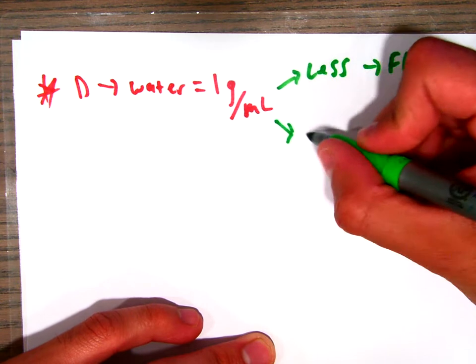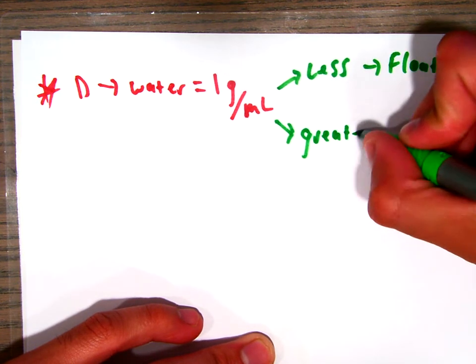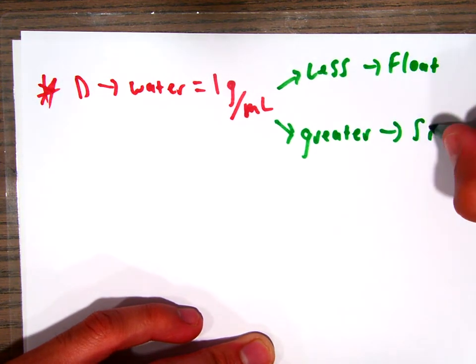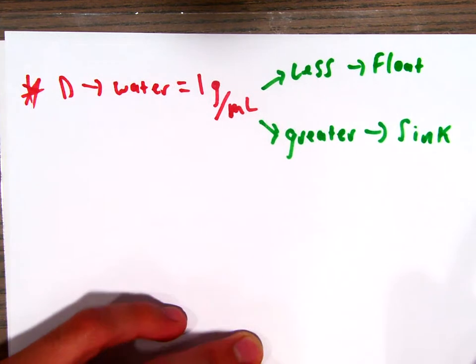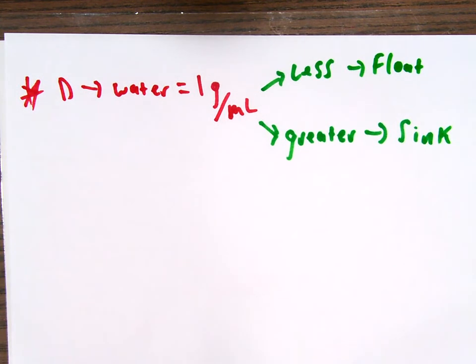If the density is greater, it will sink. And then, last of all, I want you to understand that density is a property of a material, meaning that it doesn't change. If my material doesn't change, my density doesn't change because it's a property of it.